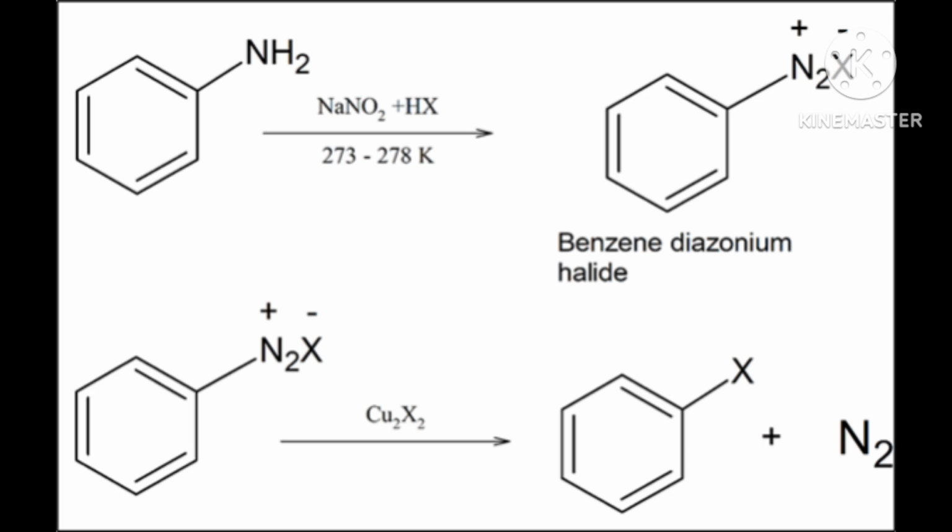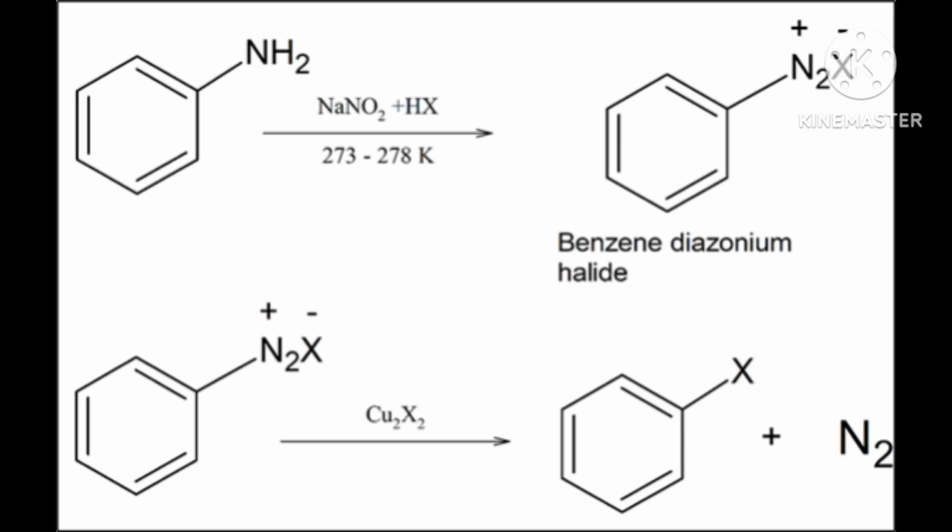Then the nitrogen has a negative charge. But the nitrogen from NO2 has a positive charge. Now this negative nitrogen and that positive nitrogen will make a bond, N2. N2 bond is formed.